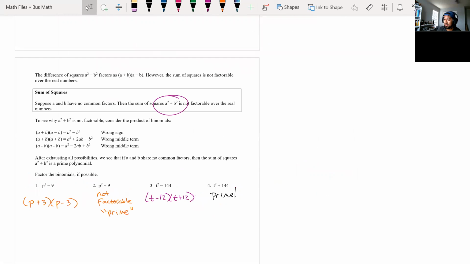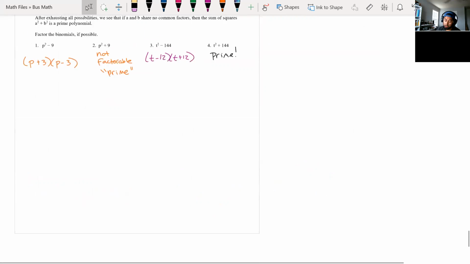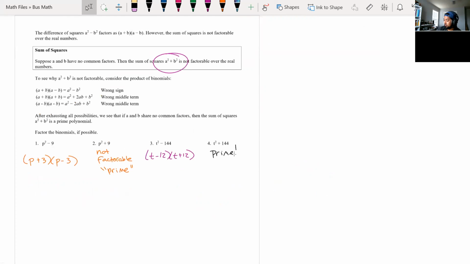That's it, guys. Go ahead. Can you tell me? I caught one, but then my phone kicked me out, and then I came back in, and you were saying not factorable, prime. Is that because of the plus sign and the fact that they're both perfect squares?